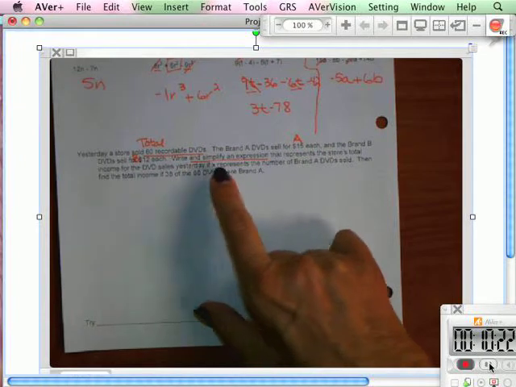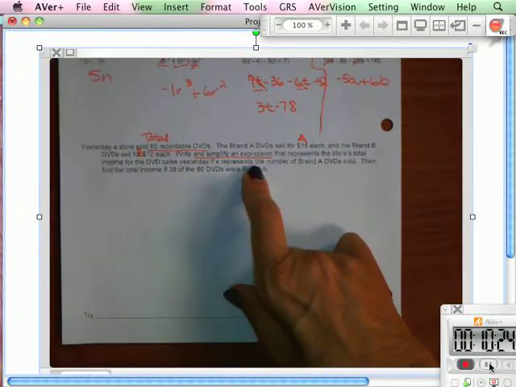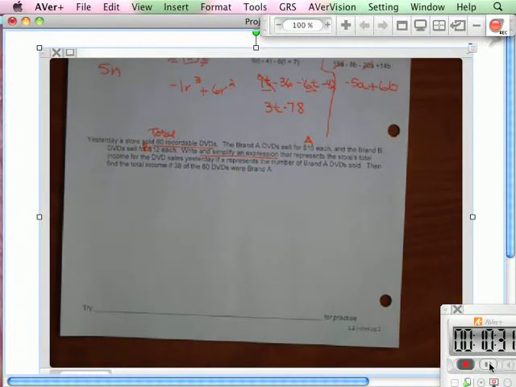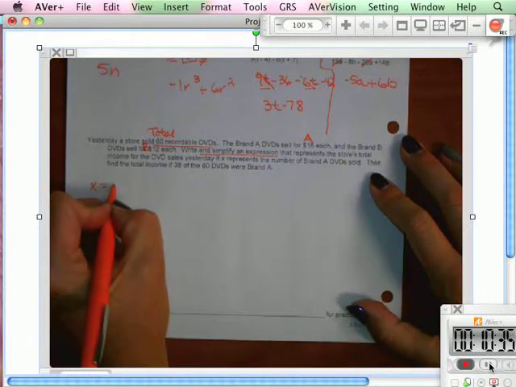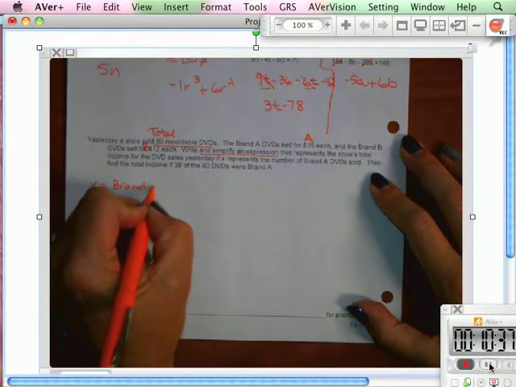If X represents the number of brand A DVDs sold. Okay, I'm just going to work on part one before I read this next sentence. So I know that X represents brand A sold.